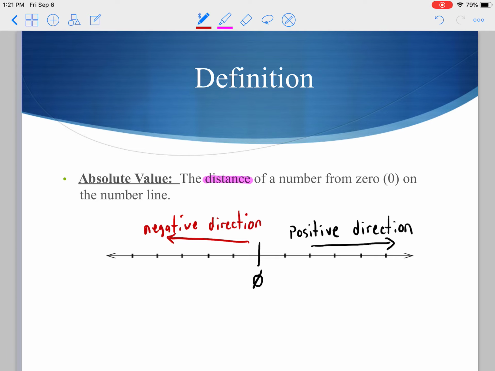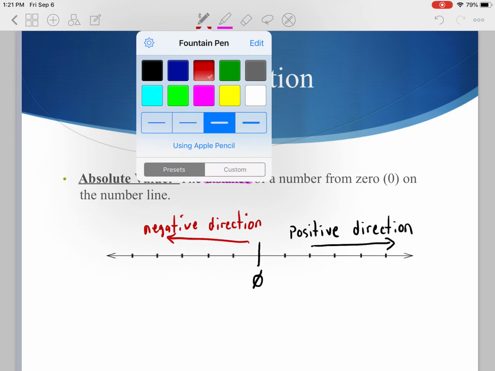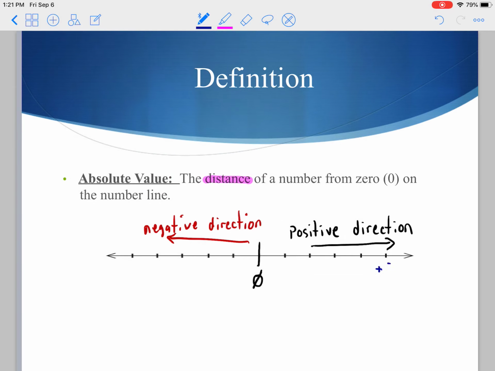So as an example, if I were to move in the positive direction 5 units, the distance that I have traveled or moved from 0 is a positive 5. However, I also have the option of traveling in the negative direction. And if I travel in the negative direction the same number of units, my location at the end will be negative 5.